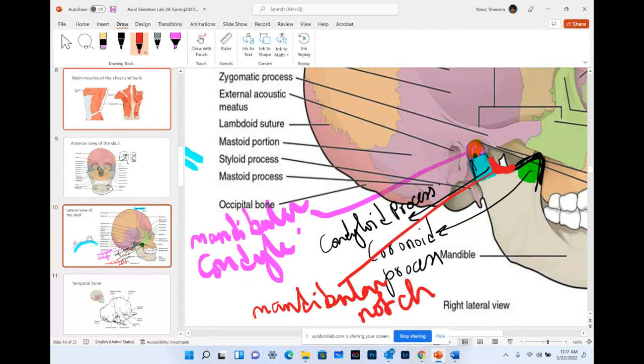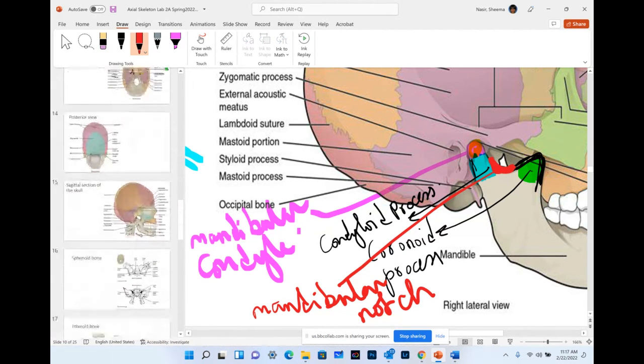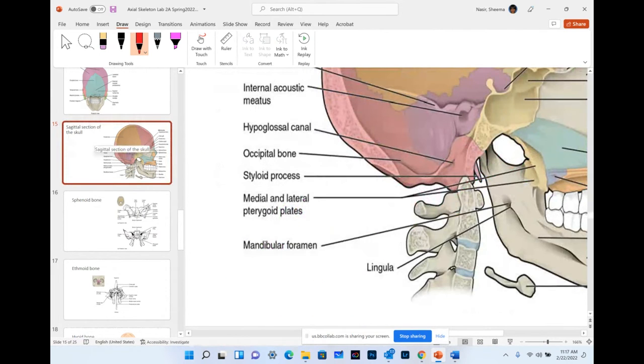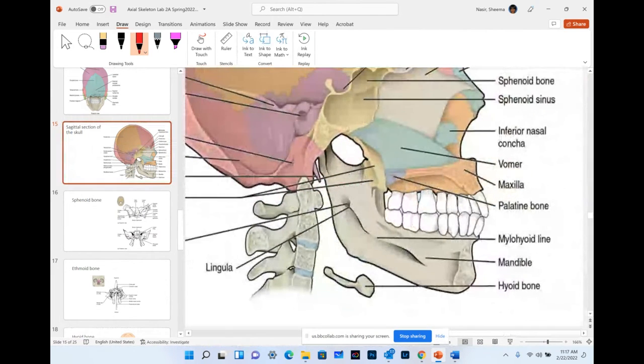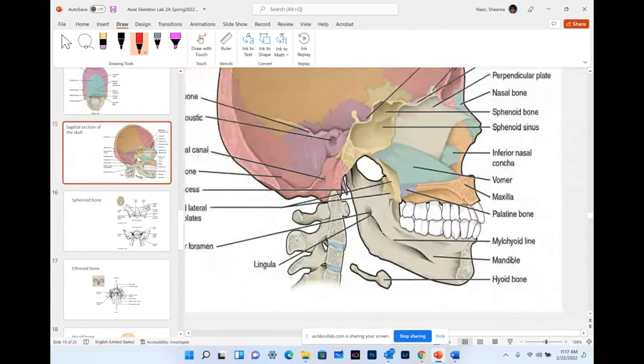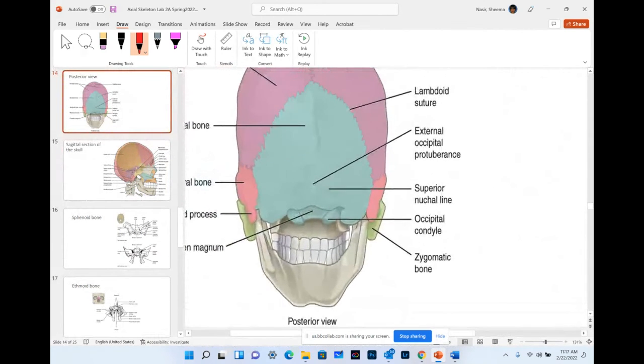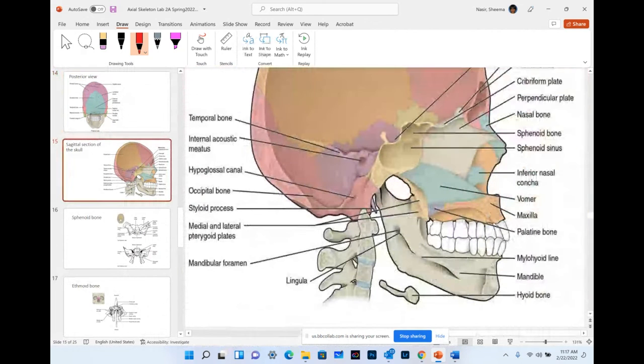And the last thing that we have to do is the mandibular foramen. For the mandibular foramen, we have to look on the inside of the mandible. So let me show you that. It was hard to look on the inside of the mandible, so what they did right here is, you see the cut end of the mandible?